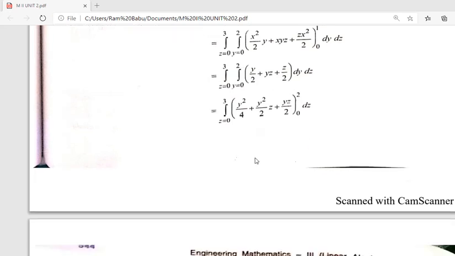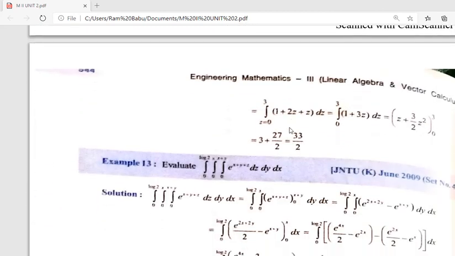On replacing y with 2, we get 2 square by 4, that is 4 by 4, 1, plus 2 square by 2, that is 2z, plus 2z by 2, that is z. With z equals 0 to 3, this is 1 plus 2z plus z dz.